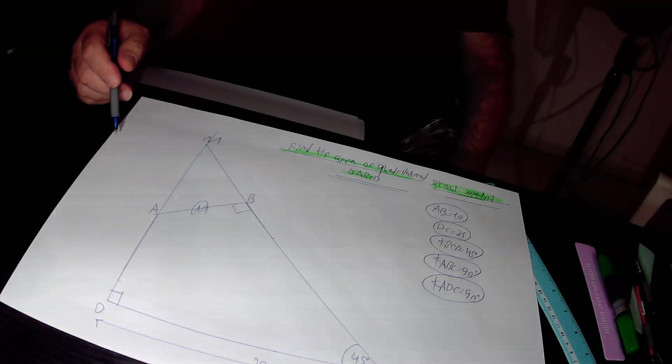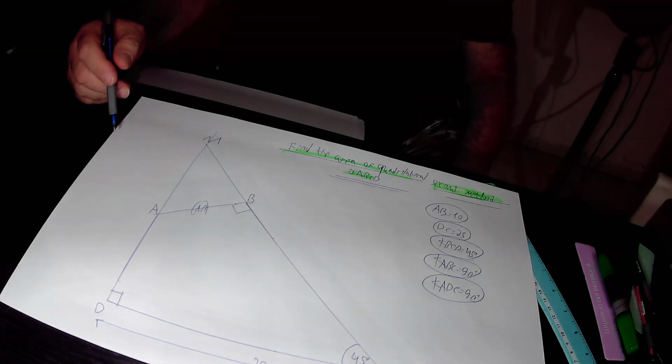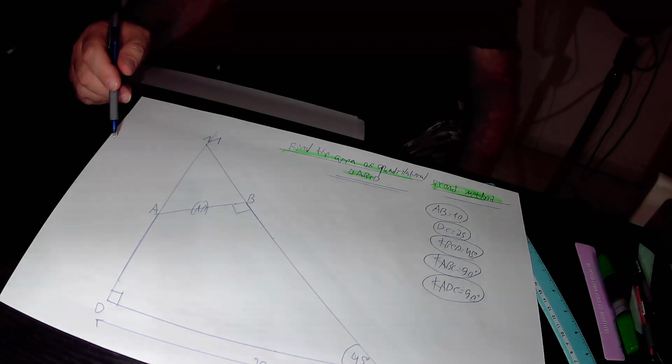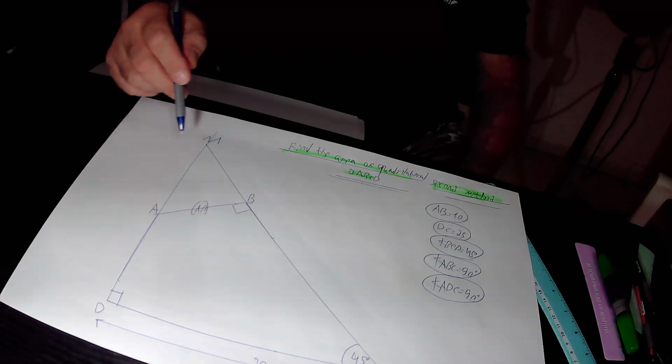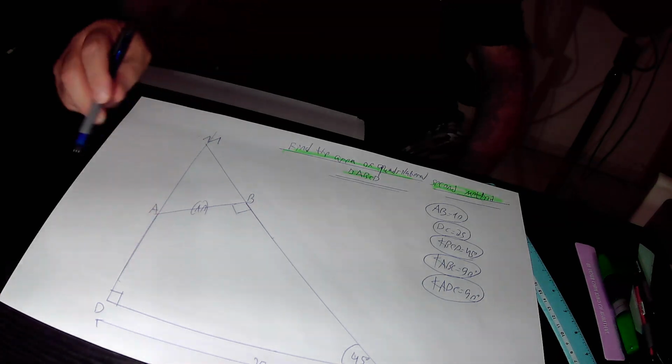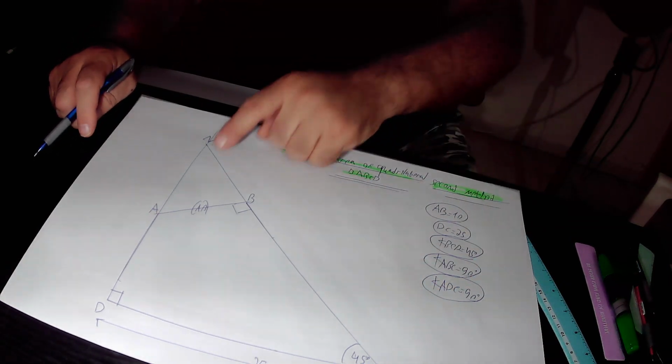We know that the sum of the angles in any triangle is equal to 180 degrees. So which angles do we have in the right triangle MDC? We have this angle that is a right angle, plus this angle that is 45 degrees, plus this missing angle.